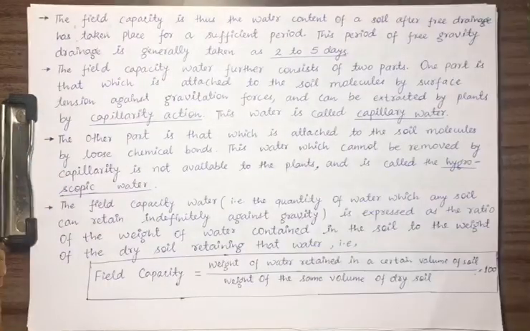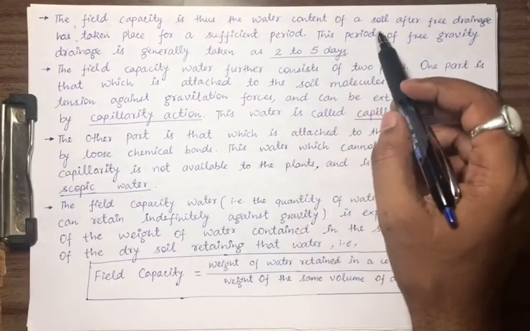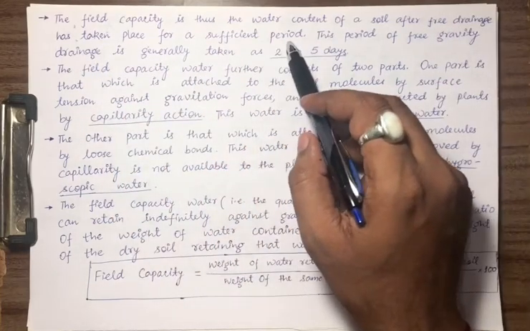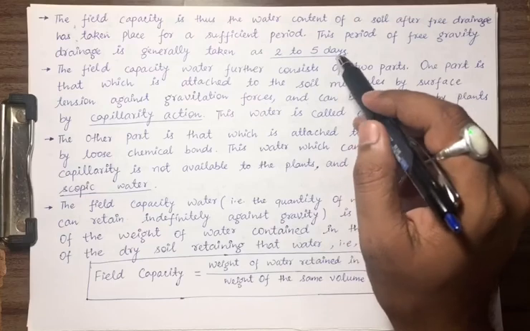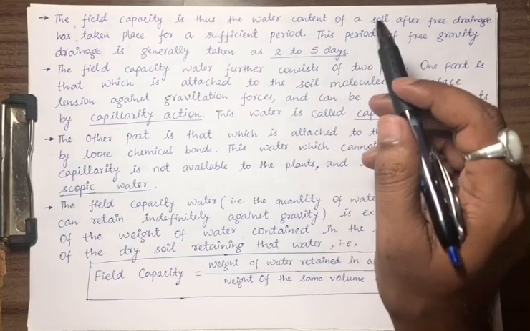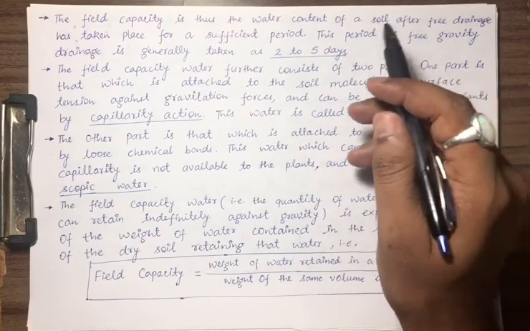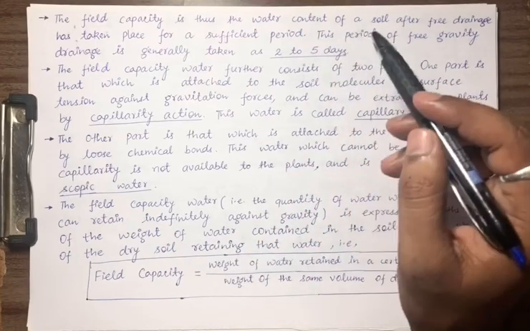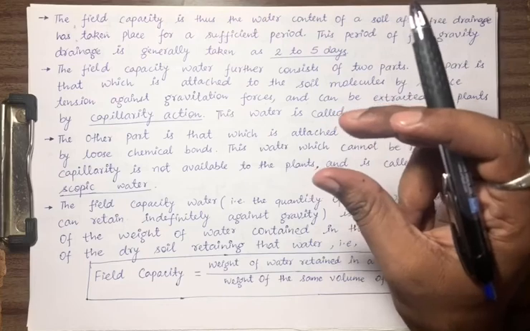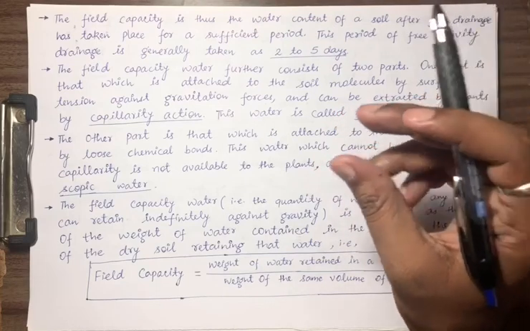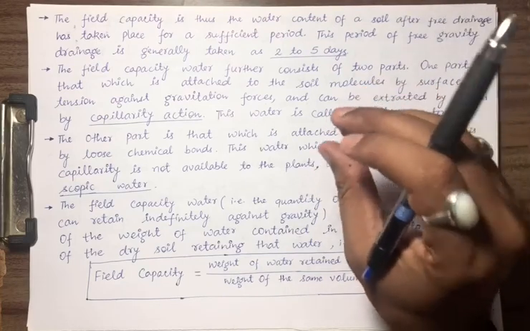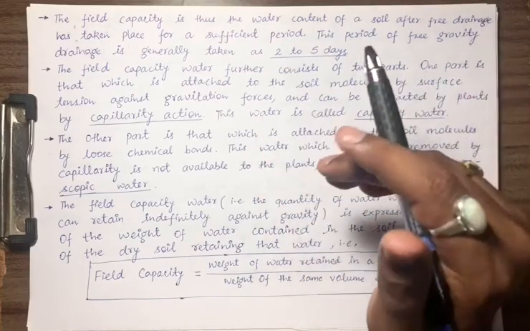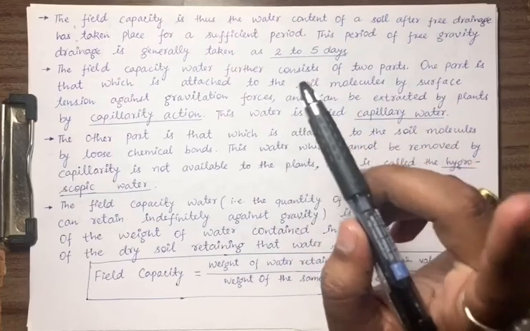So the field capacity is thus the water content of a soil after free drainage has taken place for a sufficient period. Water is applied, and we will wait for the draining of the water, and after a sufficient period, whatever water remains, held against gravity, is called field capacity.